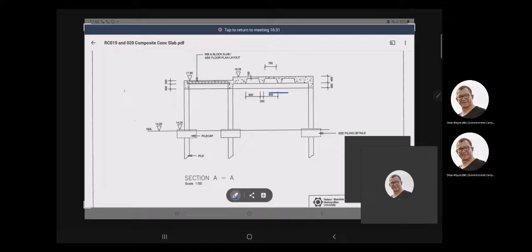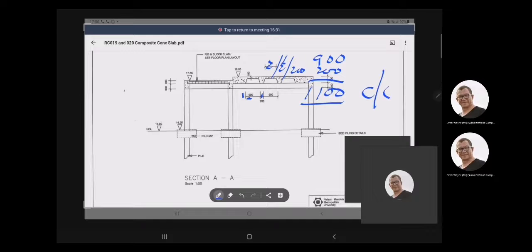The dimension that I take over here is my 900 plus half of my 200 on the one side and 100 on the opposite side. So for my ribs that would be 900 plus 2 times half times 200. That gives me centers of 1 meter 100.